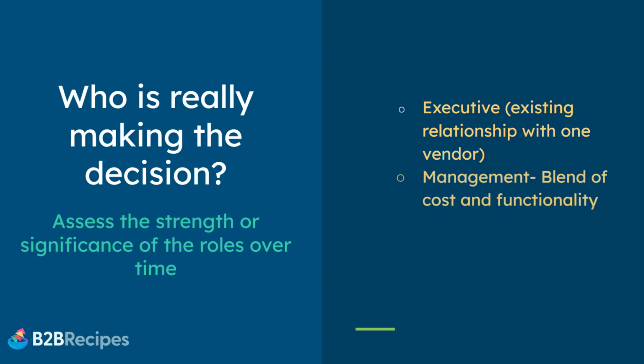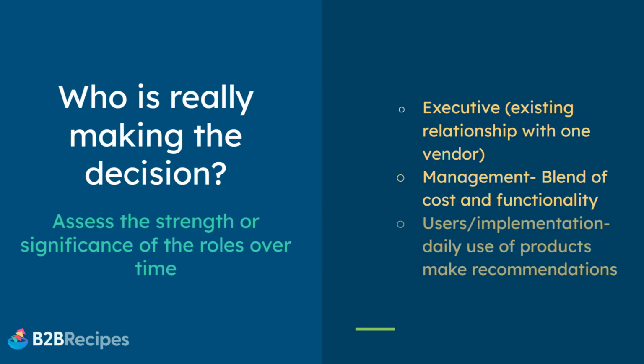If it's management, then we want to be identifying and talking about the blend of cost and functionality, the higher level impact from a company standpoint, but also the functionality and the performance improvement that the product will actually deliver to their group or to their function. If it's the users or the implementation people, they're going to be looking at this from the standpoint of what impact does this have on my daily life and my daily job to make my life easier.